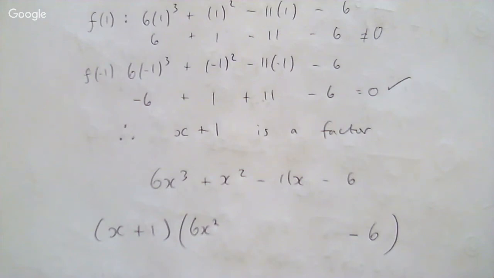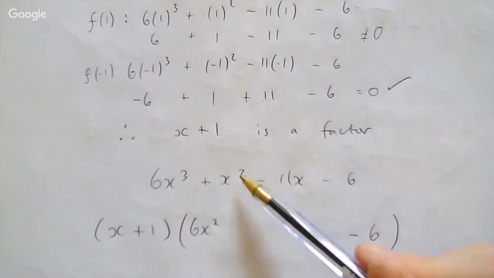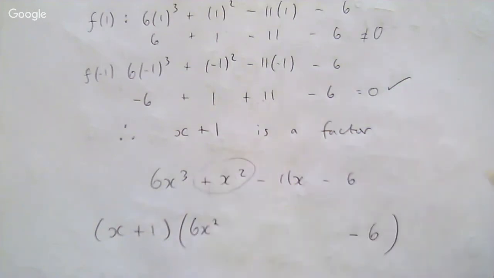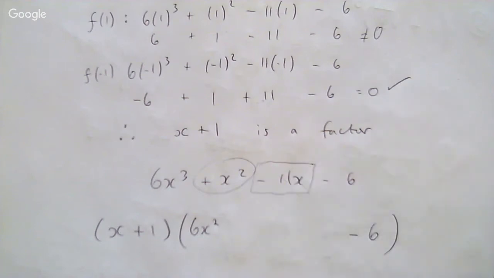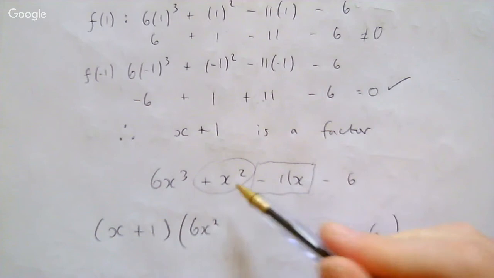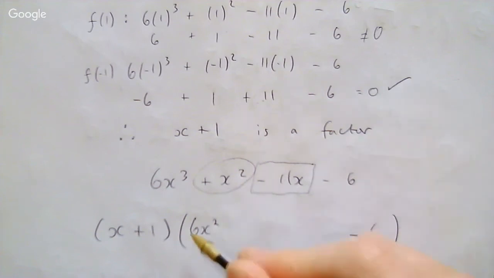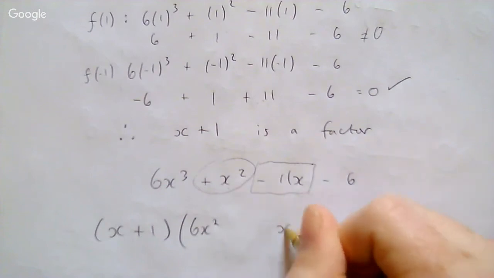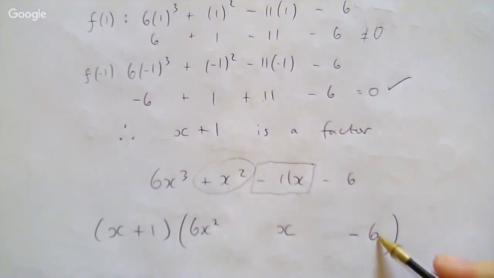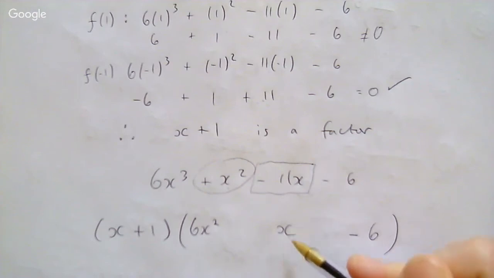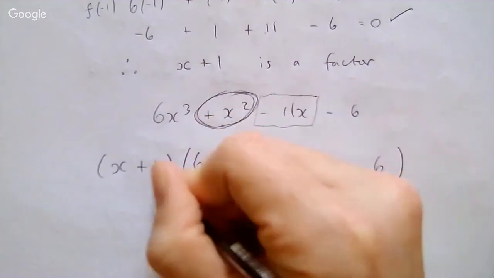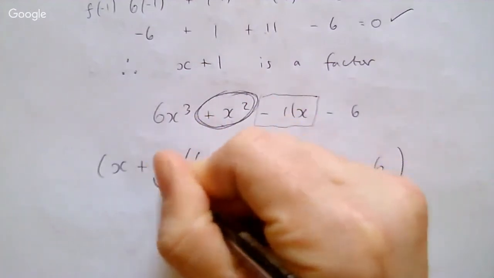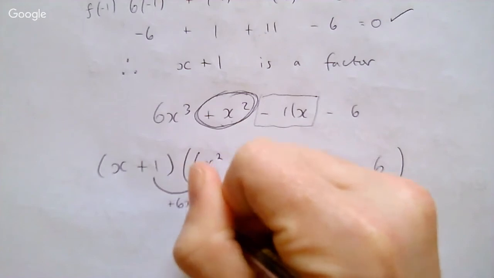Okay? Now, in terms of what I want to make next, I can either make the plus x squared term or I can make the minus 11x term. I'm going to go with the x squared term. I tend to always go with that. It doesn't matter though. This is going to be a quadratic. It's going to go in the form of ax squared plus bx plus c. And I already know what the a is, I already know what the c is, I just don't know what the b is, but I know it'll be something x. So I'm trying to make these x squared terms. So I know that this plus 1 times by the 6x squared will give me plus 6x squared.